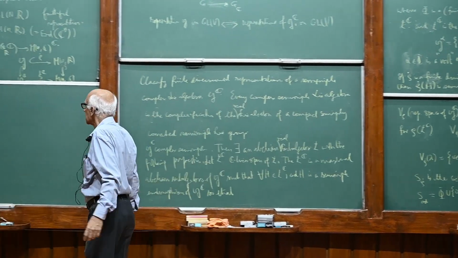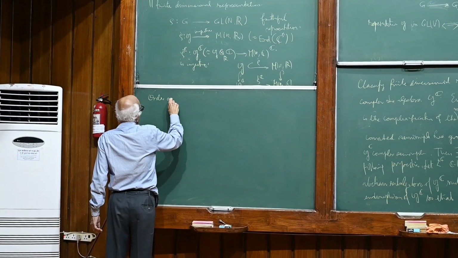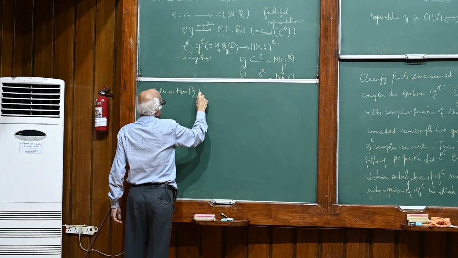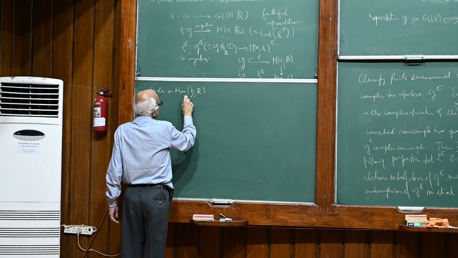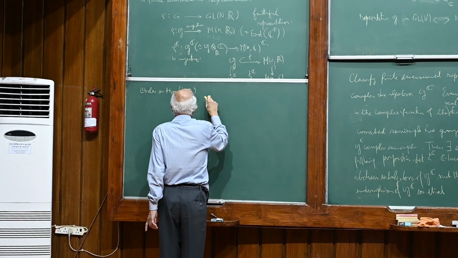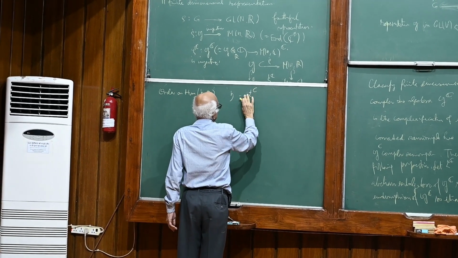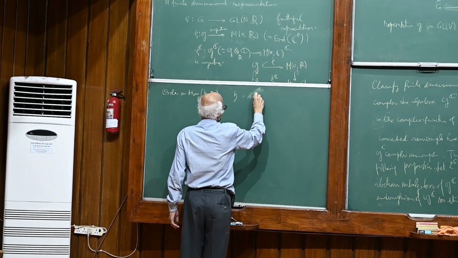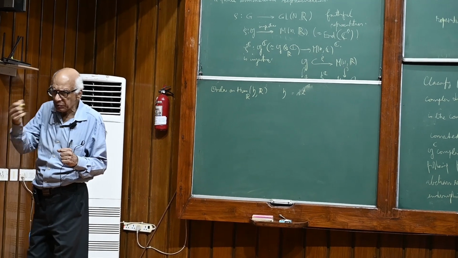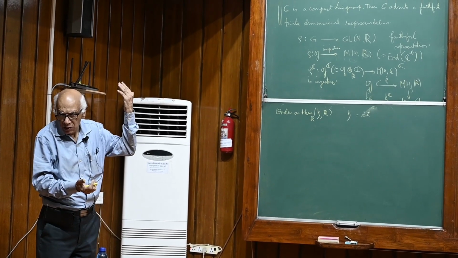Okay, now I'm going to introduce an order on H over R. Recall that H is i times T. We know the eigenvalues of i times T in the regular representation are purely imaginary because they come from the compact torus.